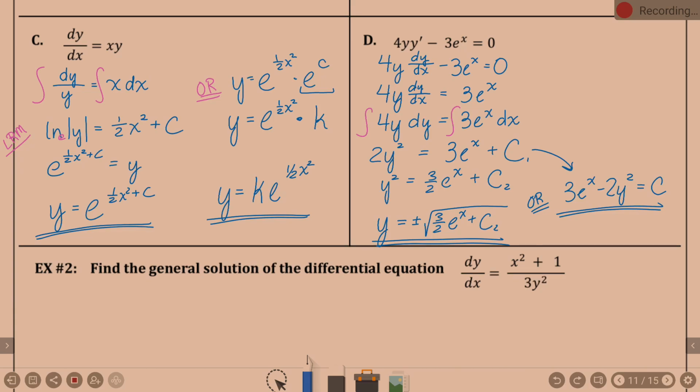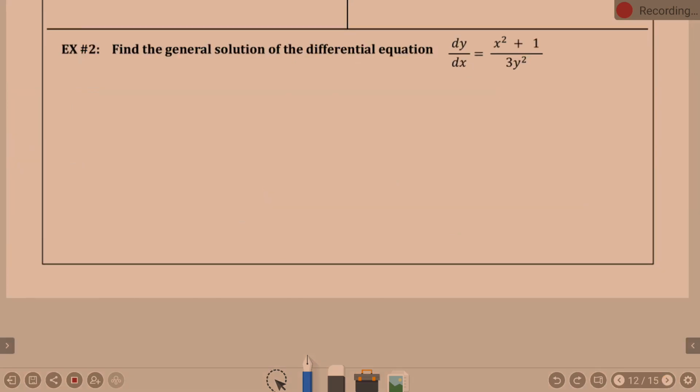Okay. Ready for example 2? Find the general solution, still general solution, so we get to next page, of the differential equation dy dx equals x squared plus 1 over 3y squared. So what are you guys doing?